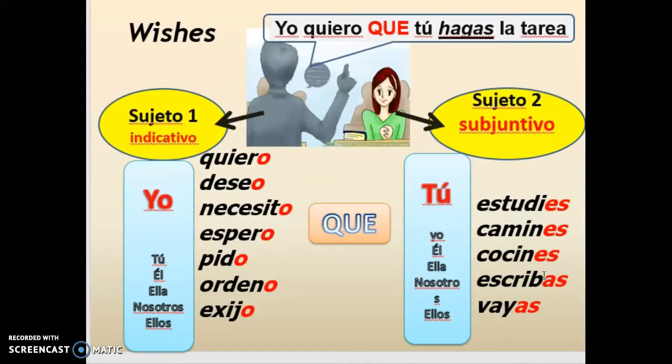Think of it as a McDonald's combo number 2. You need your subject on the first part, you need your que, you need your subject on the second part. Okay, my combo is complete, then it is subjunctive. So that would be kind of an analogy there that this combo of elements is going to determine whether you have a sentence in the subjunctive mode.